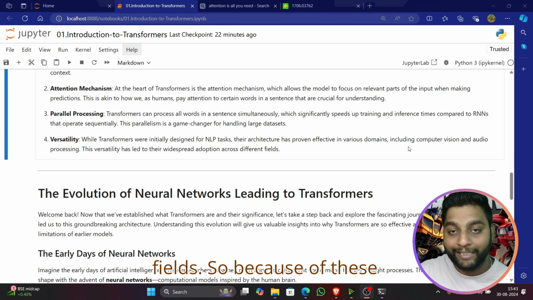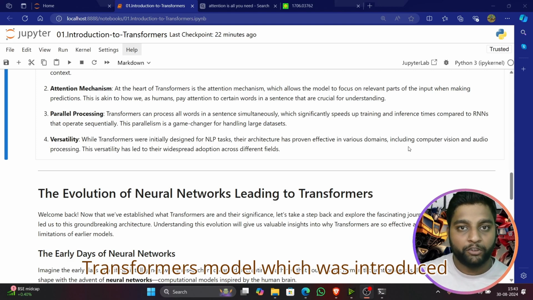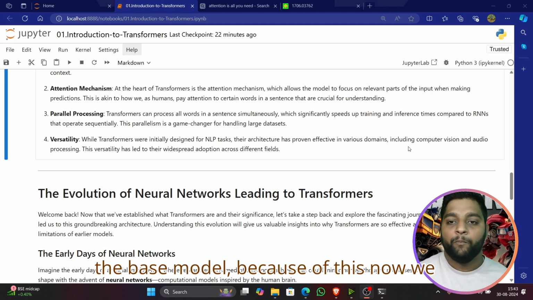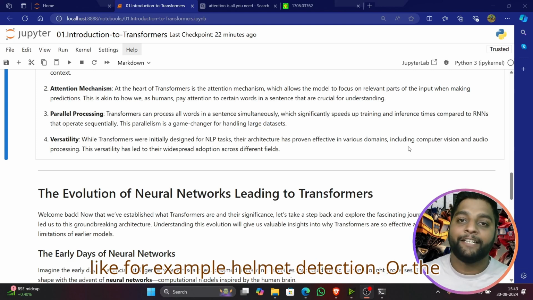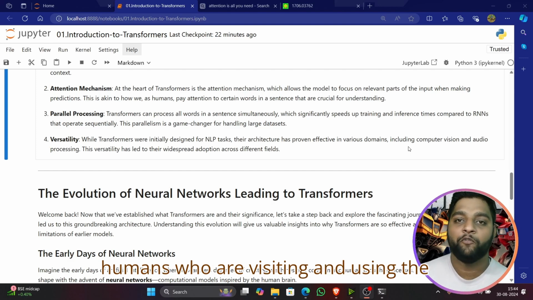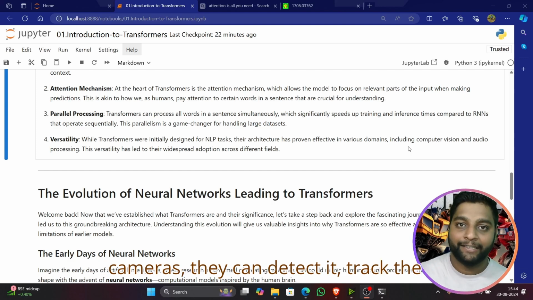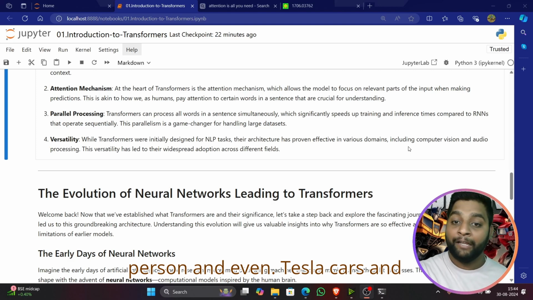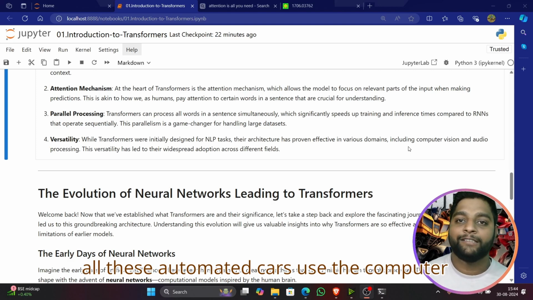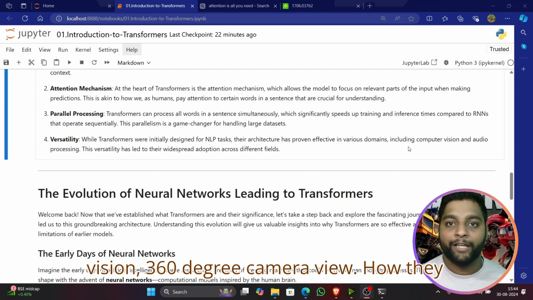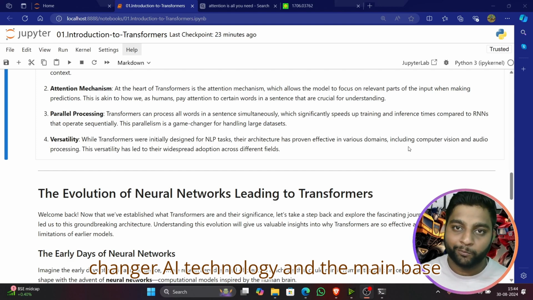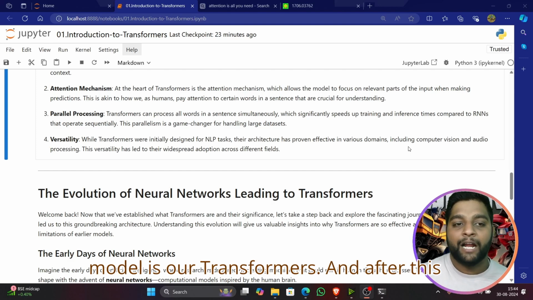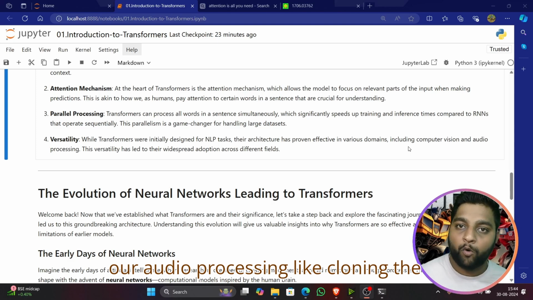Because of this base model which was introduced, we are now able to do computer vision detection, for example helmet detection, or detecting and tracking the humans who are visiting, using cameras. Even our Tesla cars and all these automated cars use the computer vision 360-degree camera view. How they are able to view all this is a game changer AI technology, and the main base model is our transformers.